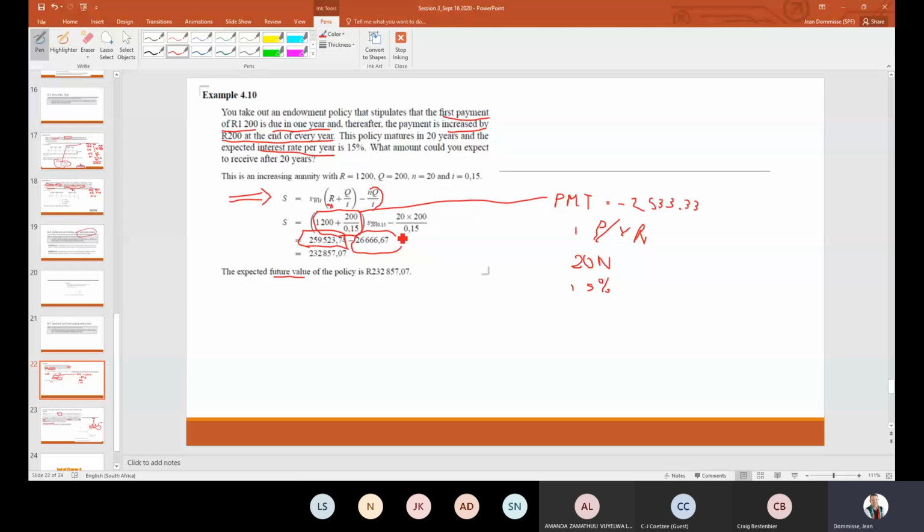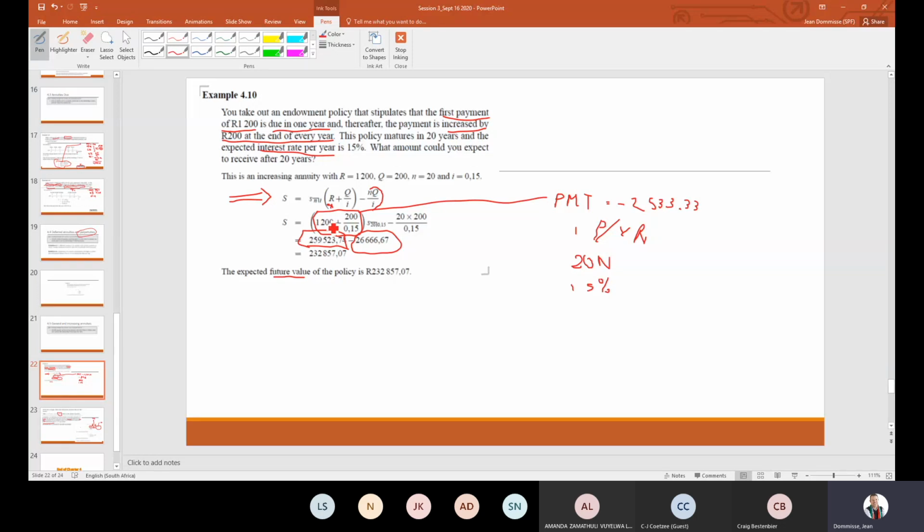The reason why we are subtracting that portion, and I think that is important, is that we increase it with 200 Rand, but we haven't increased it from the start. So what this formula is doing is making the assumption that the 200 Rand that you are increasing it with has actually started from the beginning. So you are adding the compound interest on that 200 for 20 years.